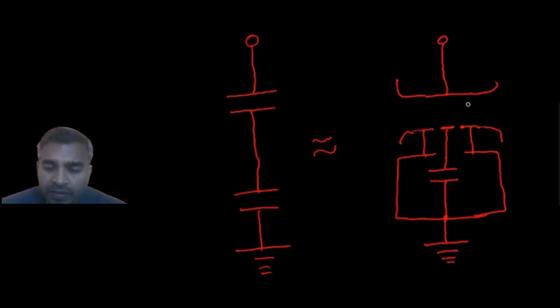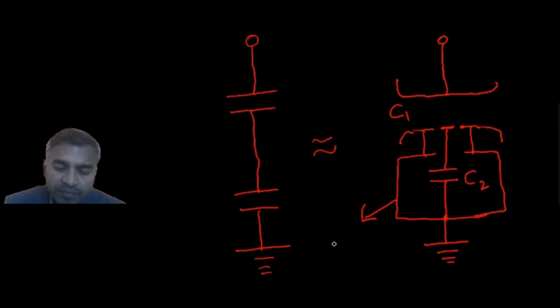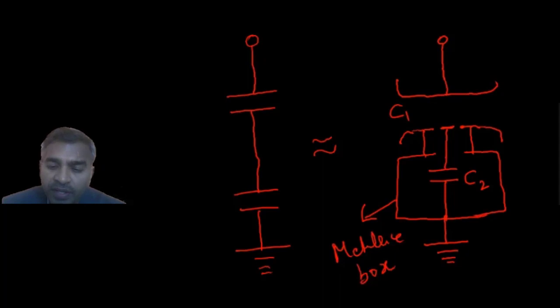This is C1, this is C2. C2 is completely shielded in a metallic box. Here again there is a guard electrode G and a central electrode M, and then this is the HV electrode.